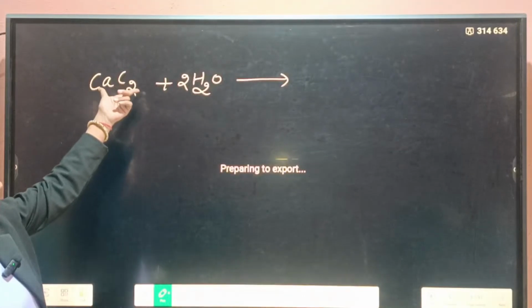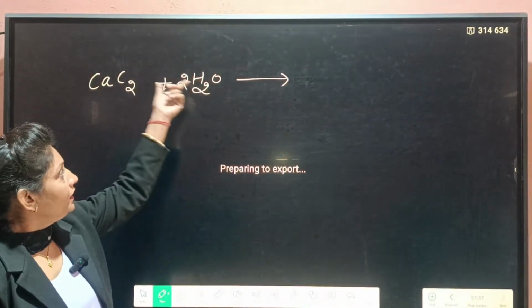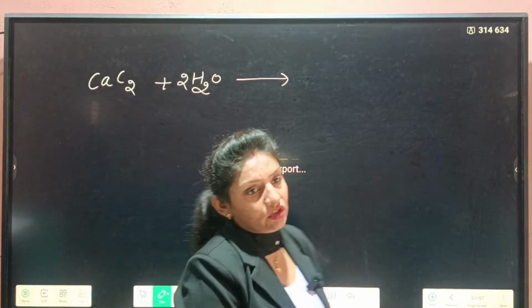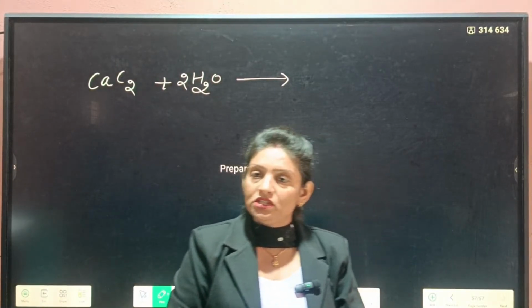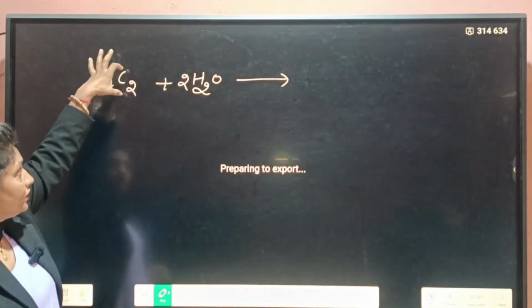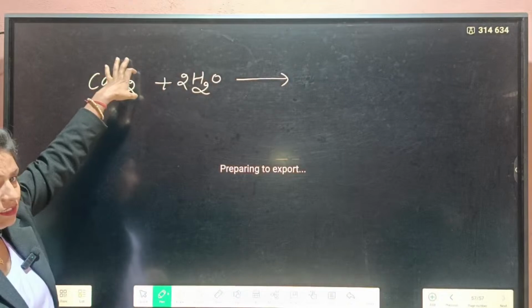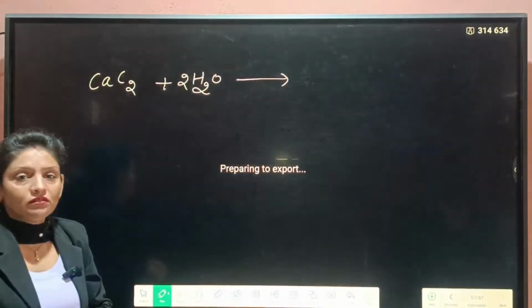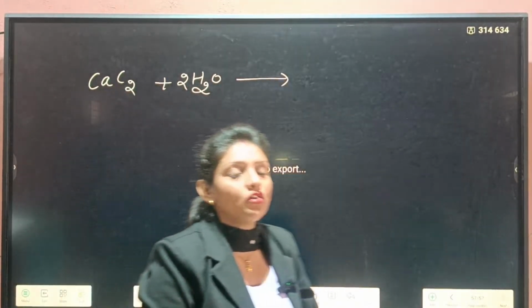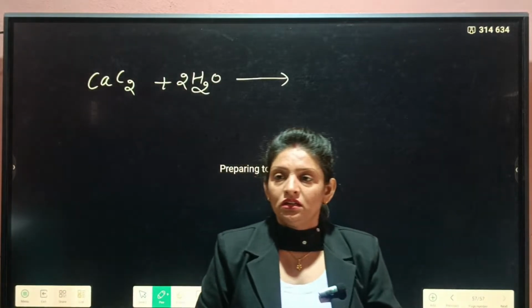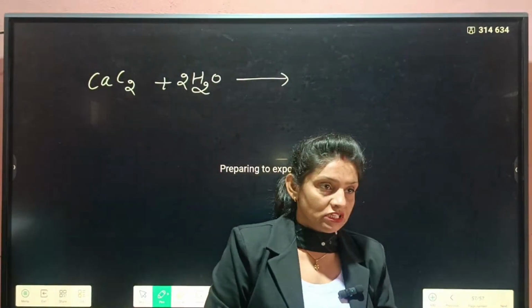If this calcium carbide is hydrolyzed, means water can be decomposed into H plus and OH negative. Then these are replaced by the OH, and you can get calcium hydroxide, and calcium hydroxide is also known as the slaked lime.